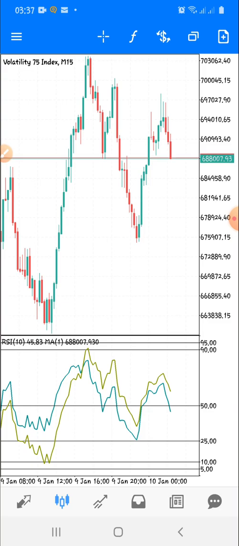Let us go to the moving average now. The moving average is our closest confirmation of the signal.